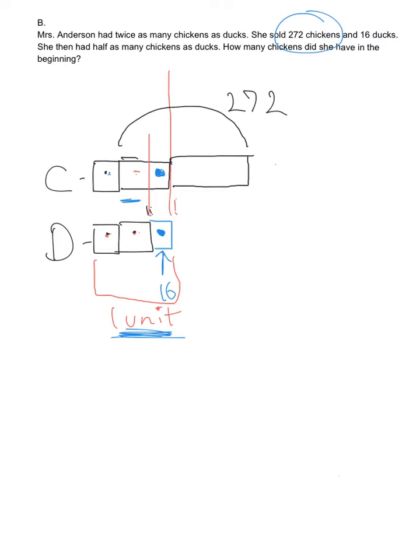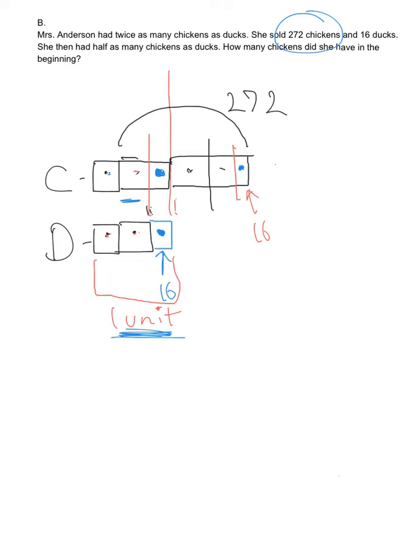So if I doubled that to get twice as much as the ducks, well then shouldn't that mean that there is a piece right here that's also worth 16, and this piece I can split right there, because now these units are the same size as these 2, and I've got a 16 here and a 16 here.